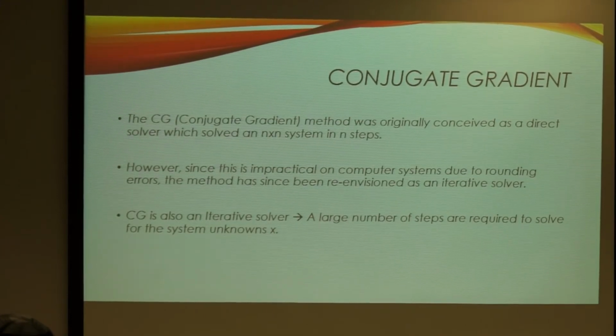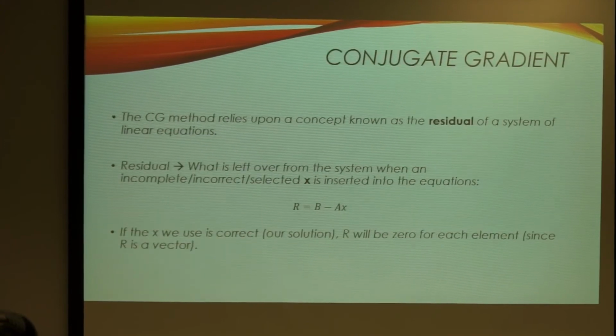So as you perform CG iterations, floating point rounding errors cause you to go further away from the solution, which means you often need to take more steps than theoretically required. So we envisage CG as an iterative solver. We require a large number of steps to solve this Ax equals b system, but the number of steps is much, much, much lower than Jacobi, Gauss-Seidel, SOR, over-relaxed SOR.